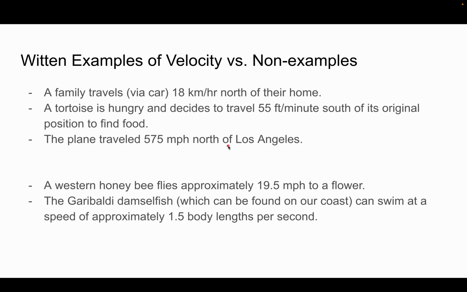So here are some written examples of velocity. A family travels via car 18 kilometers an hour north of their home. A tortoise is hungry and decides to travel 55 feet per minute south of its original position to find food. The plane traveled 575 miles per hour north of Los Angeles.